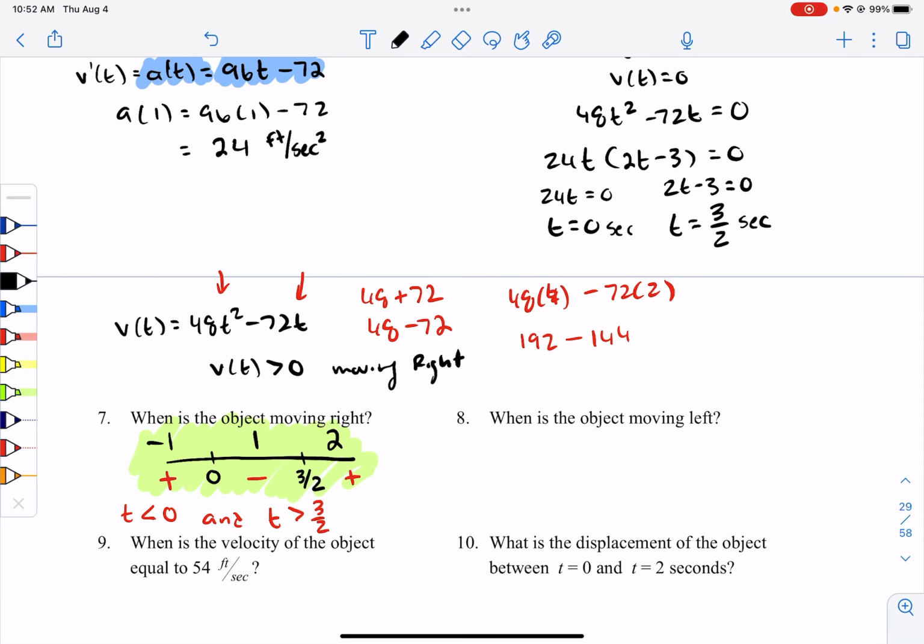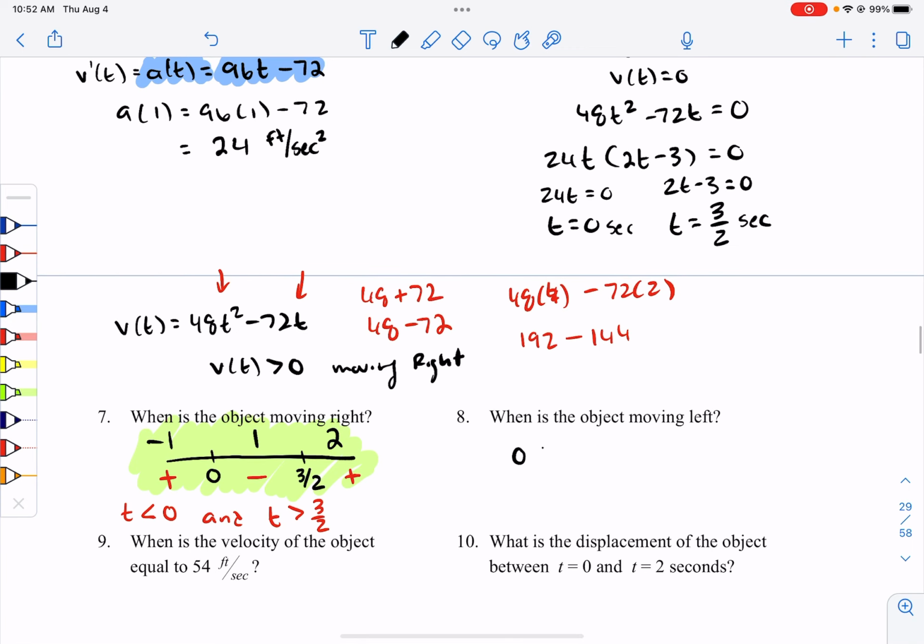Okay. All right, number 8, when is the object moving left? Well, the object is moving left, we already found that out, when my velocity is negative, which happens right there between. So when my time is in between 0 and 3/2, in between those two times, I'm going to the left.